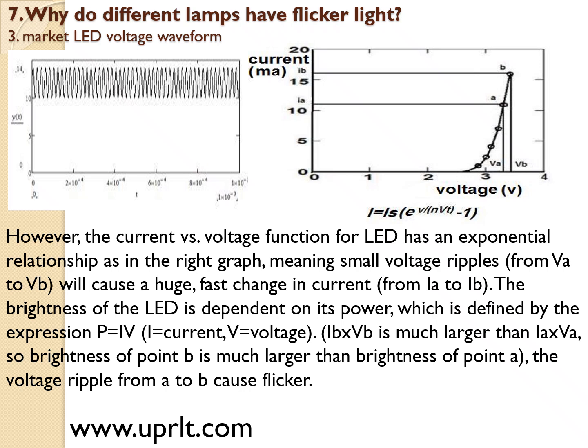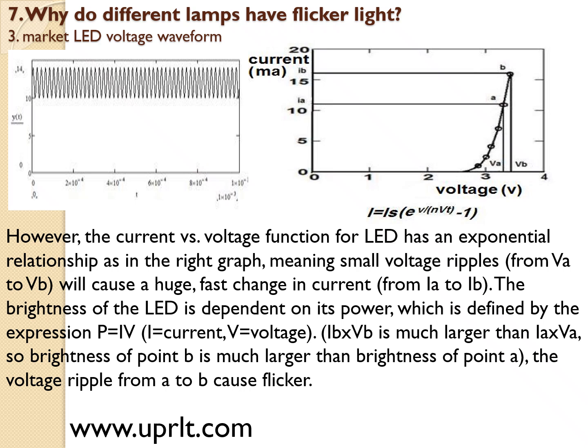Some people say LED has DC voltage on it, so there should be no flicker. Really? On the left diagram is the voltage waveform across the LED lamp. You can see, although the LED uses a DC voltage, there is a small voltage ripple on it.